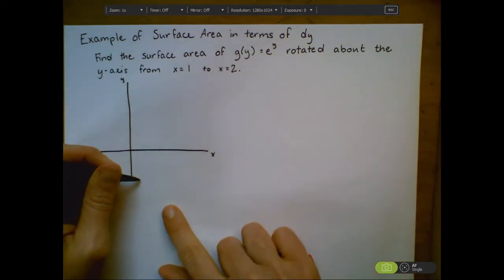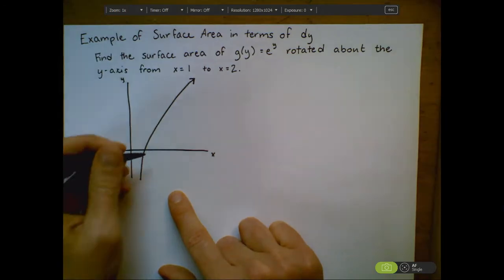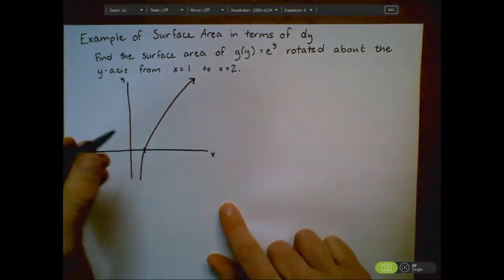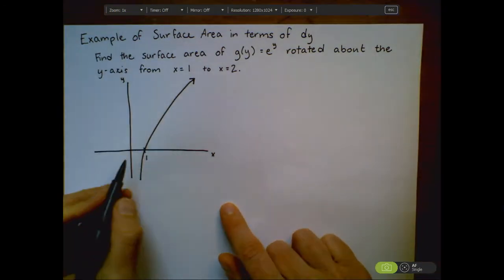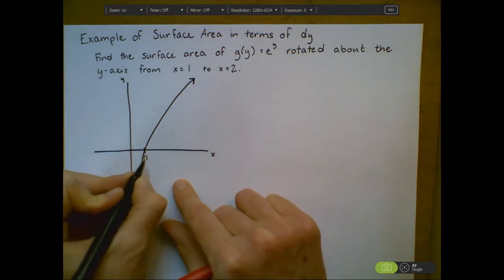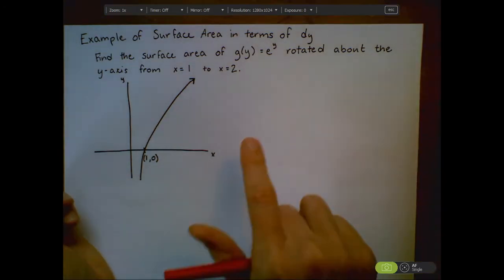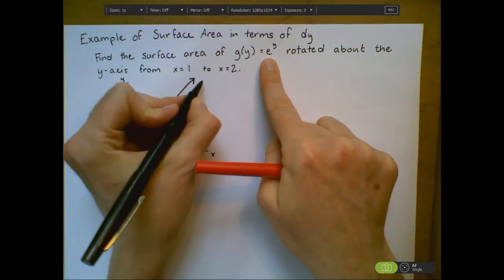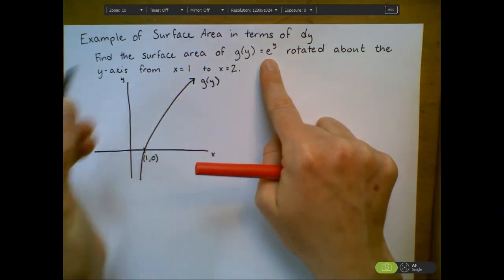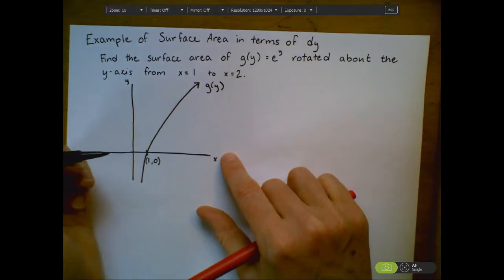It turns out that this function is actually a natural log function, and you can solve for it by solving for one of the variables. It goes through the point where x equals 1 and y equals 0. So that's what the function is. I'll label it g of y. And now we're going to rotate it about the y-axis from x equals 1 to x equals 2.